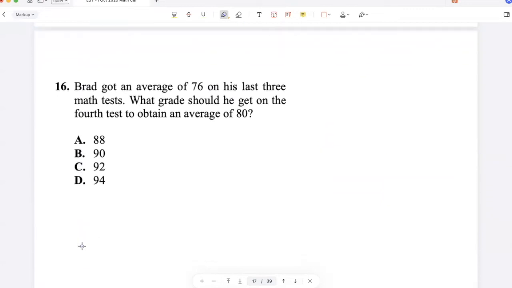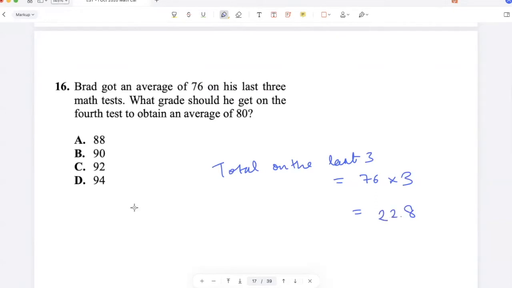Brad got an average of 76 on his last 3 math tests. What grade should he get on the 4th test to obtain an average of 80? Okay, so the total on the last 3 tests would be 76 times 3, 8 carry 1, 228, right?